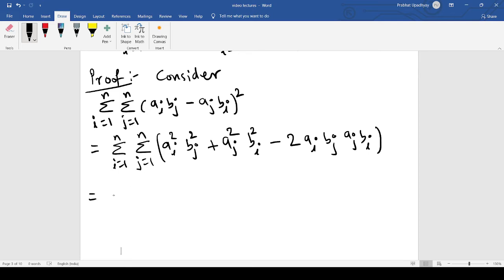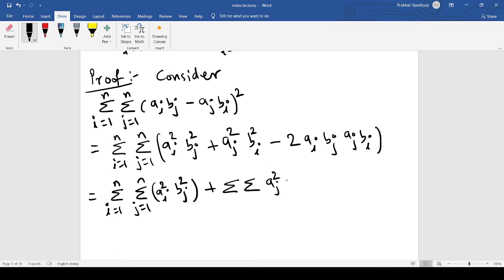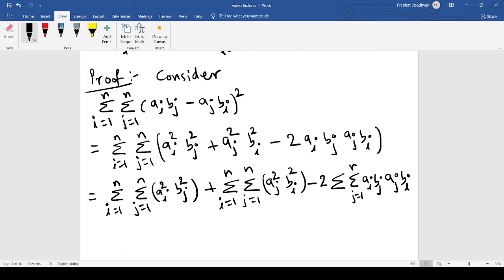Now this I can say is equal to summation of ai square into bj square, j running from 1 to n and i running from 1 to n, plus summation of aj square bi square, j running from 1 to n, i also running from 1 to n, minus 2 times summation of ai bj into aj bi, j running from 1 to n, i also going from 1 to n.